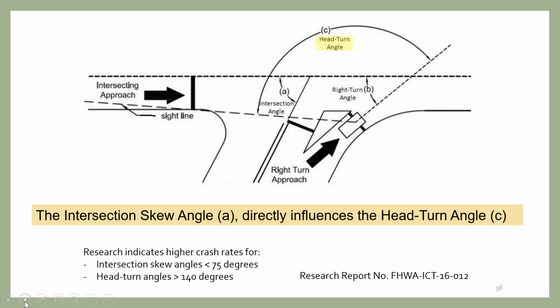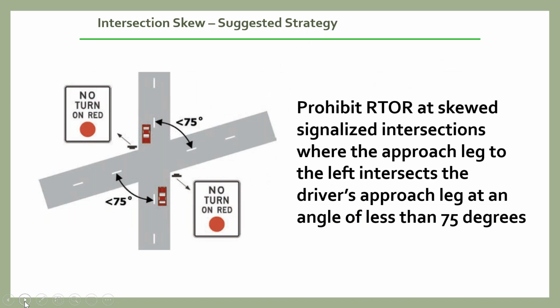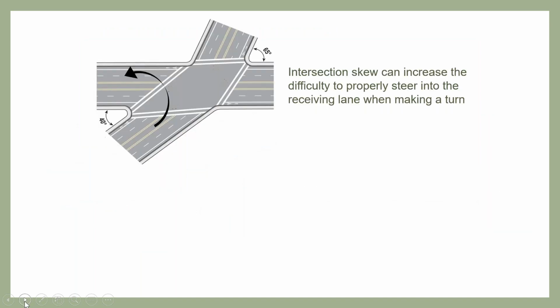So the greater the skew, the greater that look back angle or head turn angle, and that can be problematic to older users. Some strategies: well, if it's a signalized intersection and the skew is severe like that, we could try to not have right turn on red.